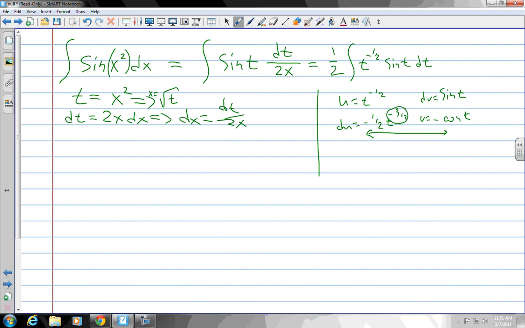If we do it the other way, if I let u be my sine and t to the negative 1/2 be dv, you'll get the square root, right? I don't know, I don't think it'll work.